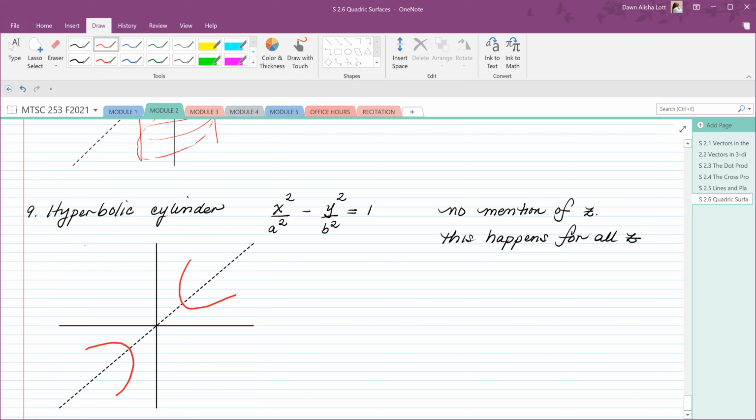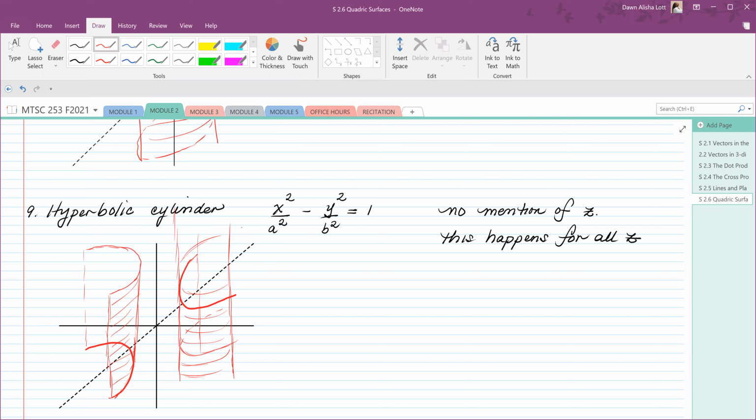But this is actually a sheet. And then this side has the other side of the sheet. Okay, I think that's the best one I drew.